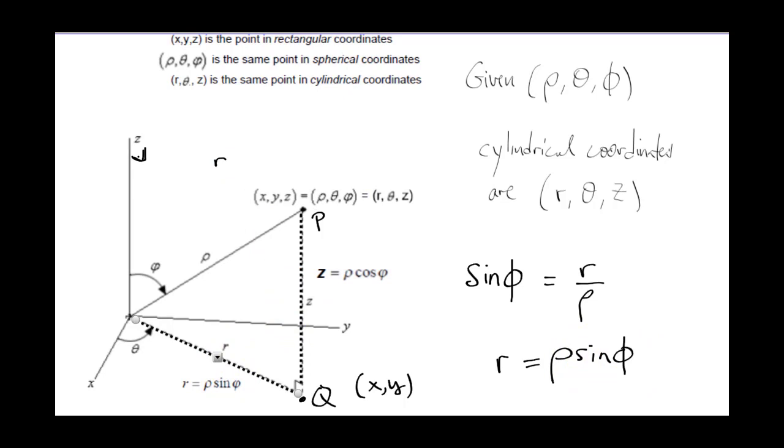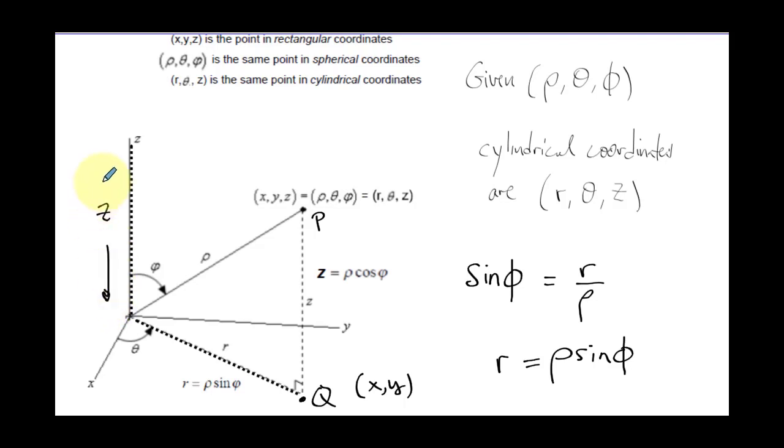And in the same way, we could figure out what z would be if we knew the rho and the phi, because we could say that z value is the position on the z-scale. So let's just take this and move it over here and say, how do we find that height z, or that value z here?